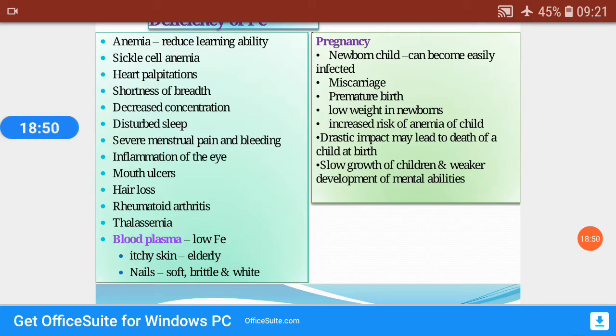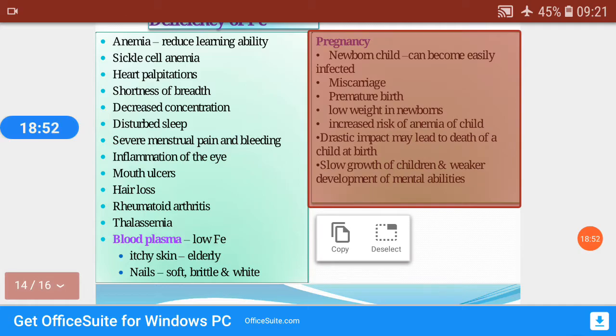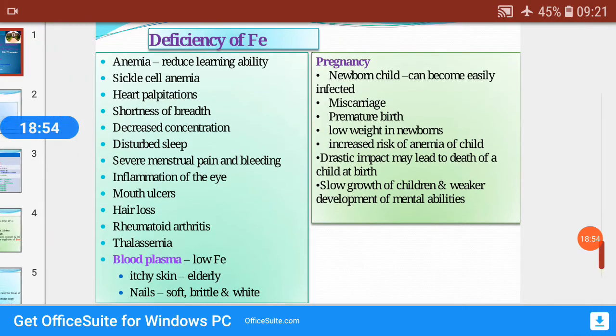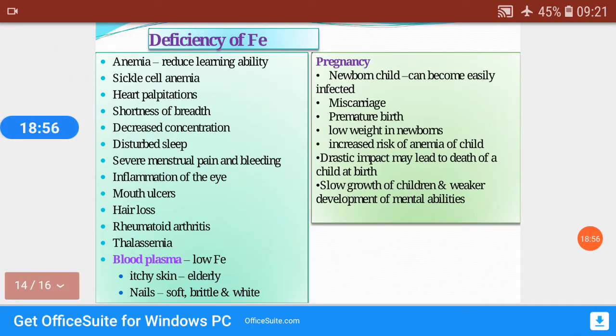Also, nails become very soft, brittle and white in color. In the pregnancy period, if there is a deficiency of iron, the newborn child can become easily infected, wherein the immune system is drastically reduced.